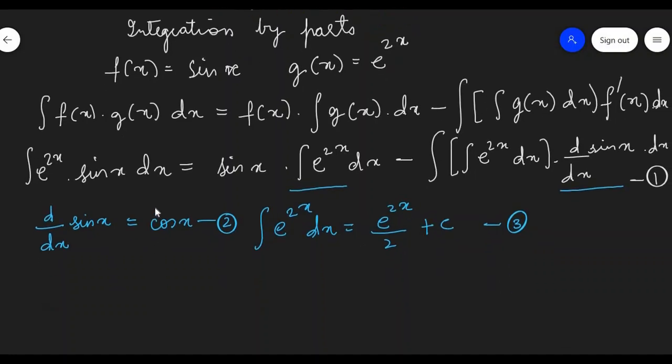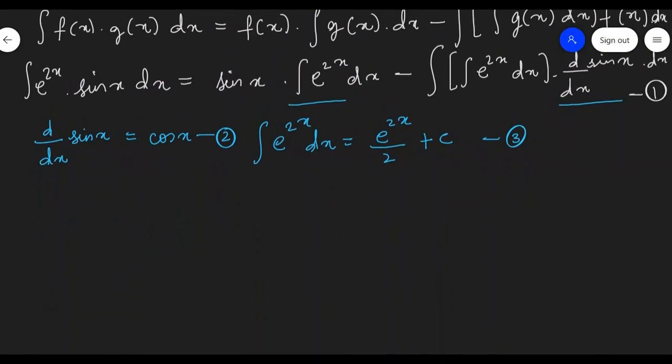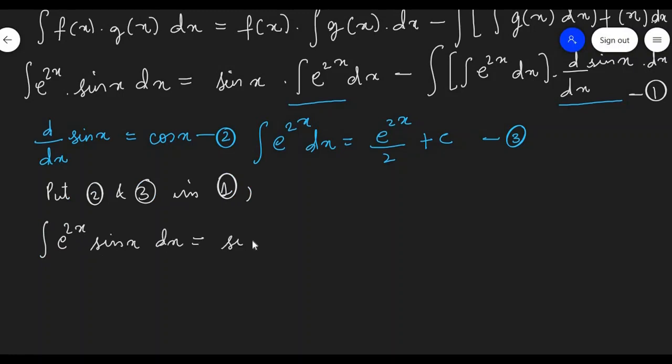Now let's put equation number 2 and 3 in 1 and see what we get. So we are going to get integration of e raised to 2x sin x as sin x into integration of e raised to 2x, which is e raised to 2x upon 2, minus integration of e raised to 2x, which is again e raised to 2x by 2.